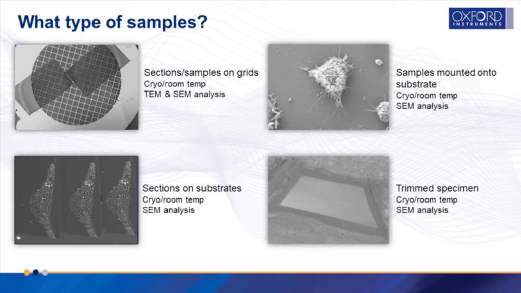Small samples, such as pollen grains and cells, can be dried and mounted onto stubs for EDS, although it is worth bearing in mind that because these samples are not flat, you may get differential absorption of X-rays from the sides facing away from the detector. Samples embedded in resin and trimmed or frozen samples that have been planed to have a flat face are also excellent samples for EDS analysis.